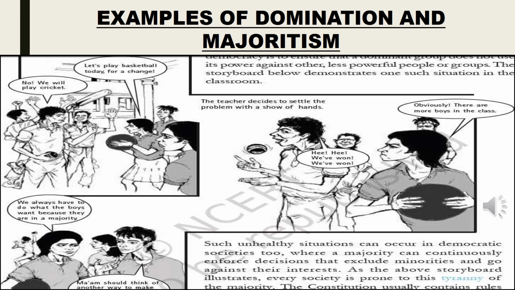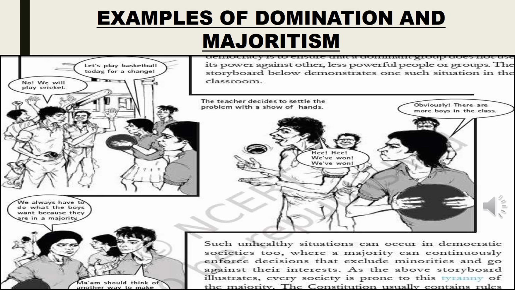The constitution usually contains rules that ensure that minorities are not excluded from anything that is routinely available to the majority. Another reason why we have the constitution is precisely to prevent this tyranny, the domination by the majority of the minority.